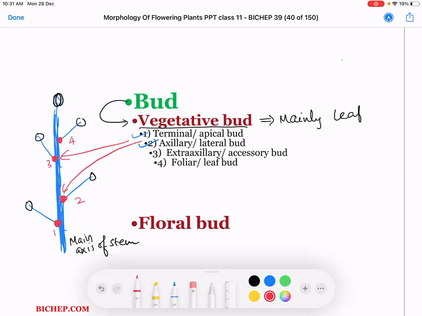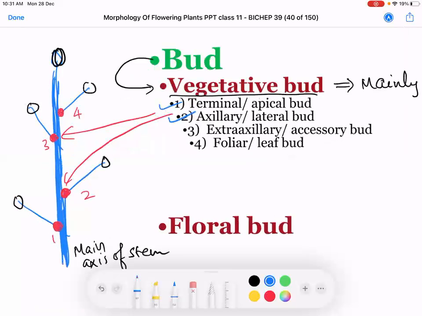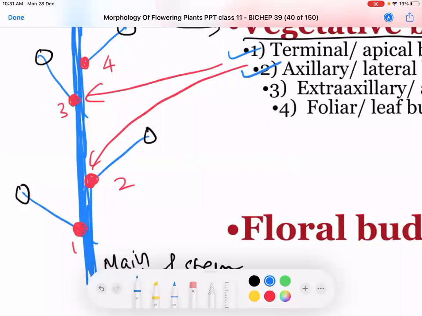Now, extra axillary or accessory bud. Ready? I repeat, extra axillary or accessory bud. Now, suppose branch number 2 has a leaf here.